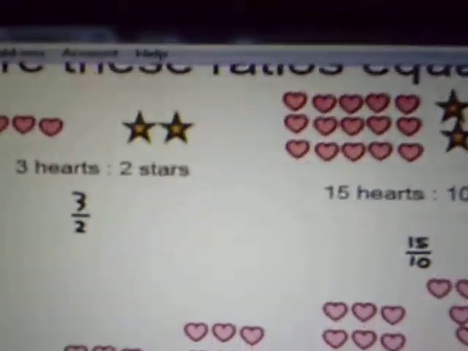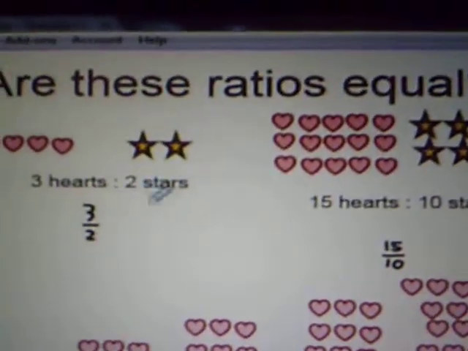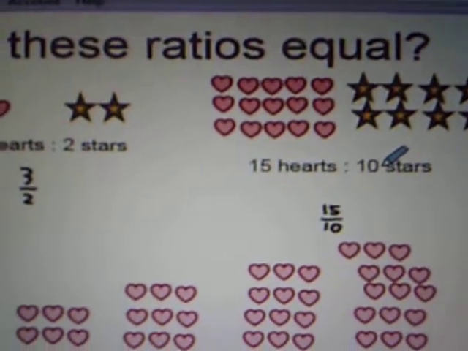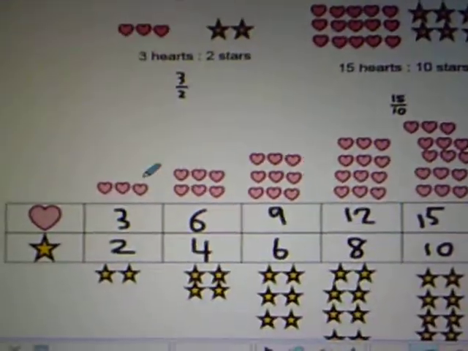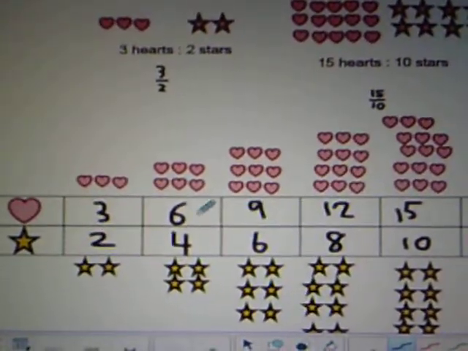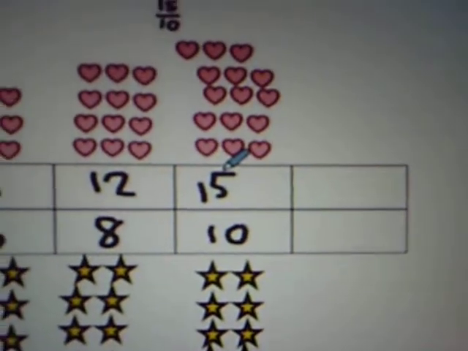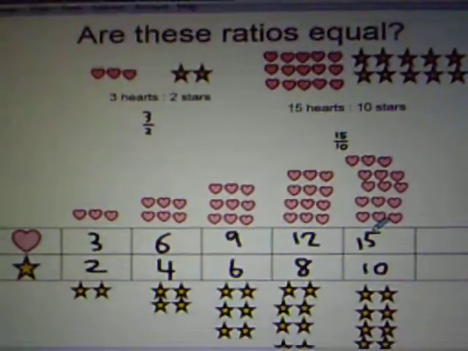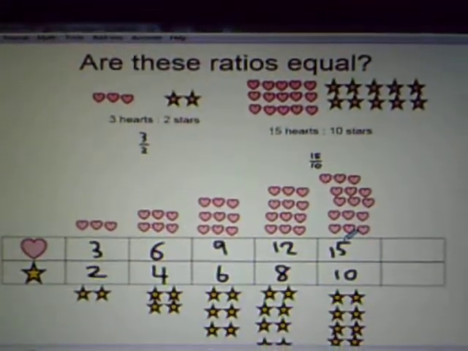So therefore, I can say that yes, 3 to 2 and 15 to 10 are equal ratios. Because when I kept that 3 to 2 comparison going, eventually I got the ratio of 15 hearts to 10 stars. So making a table of equal ratios is one way to determine if ratios are equal.